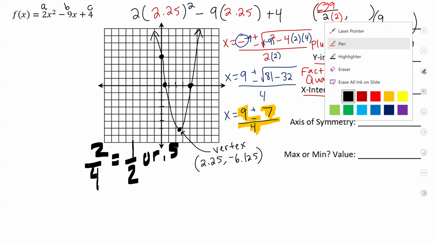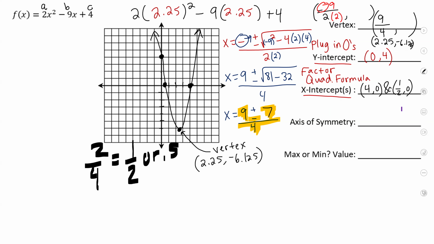Okay, now let's talk about the axis of symmetry. Where do you think the axis of symmetry is? Exactly, it's at 2.25, which is the x-coordinate of the vertex. So you look at the vertex, it's the x value. So that's x equals 2.25.